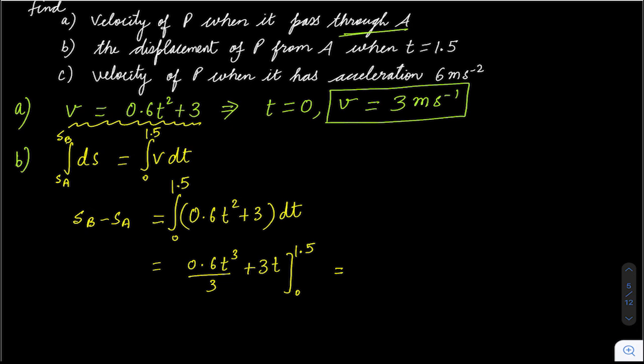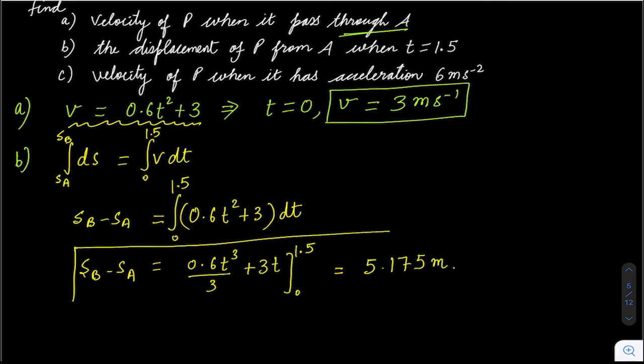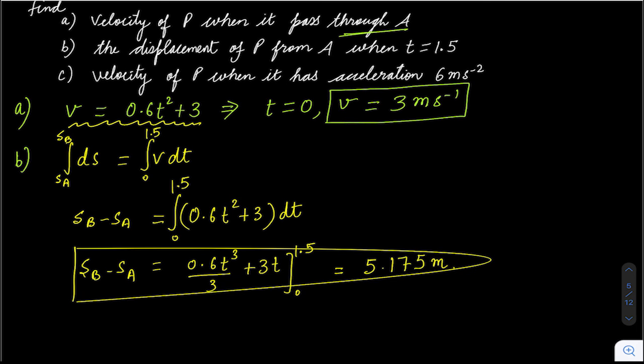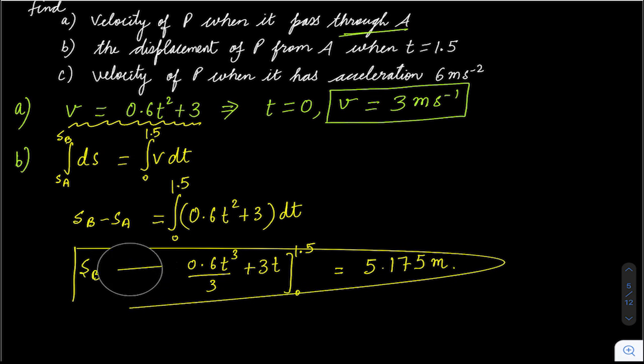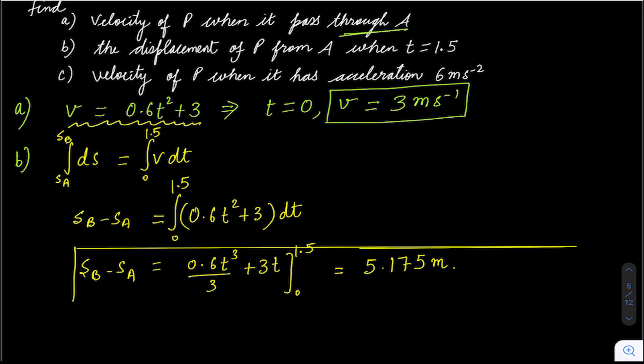So when we substitute 1.5 here, we are getting a value of 5.175 meters. So basically that's the distance between the points. Displacement of P at time t equal to 1.5 seconds. I hope everyone understands this.